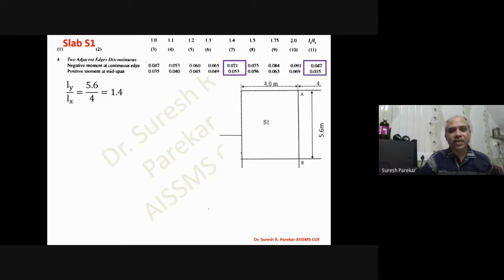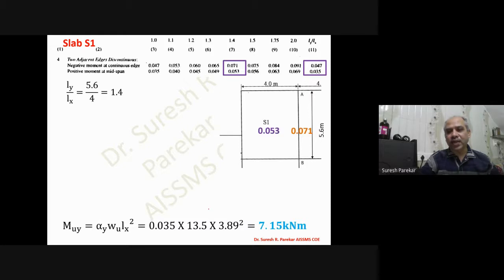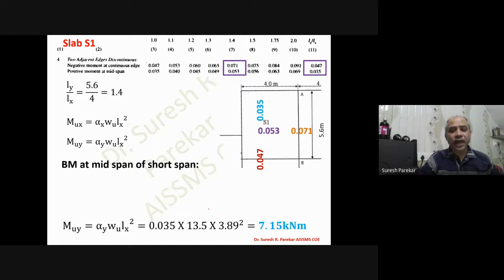So those calculations are shown over here. And then we have this 0.071, 0.053, and then along long span 0.047 and 0.053. Then we have the same formula, alpha x W Lx square, and for y alpha y W Lx square. So we have bending moment at mid span. If we substitute the values, then we will get it as 10.83 kilonewton meter.